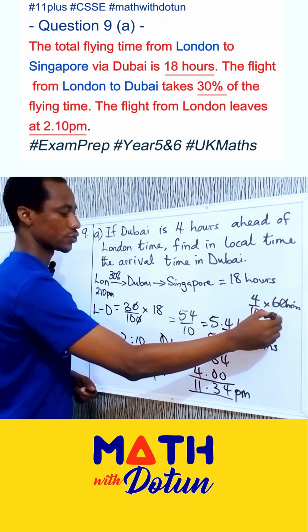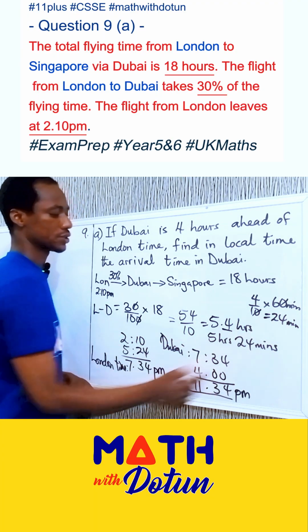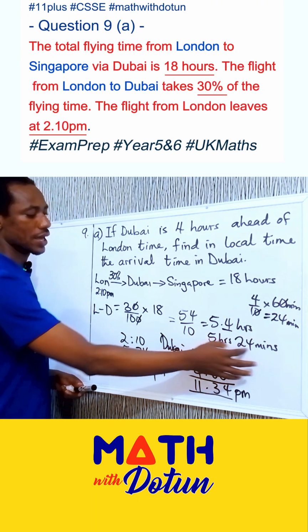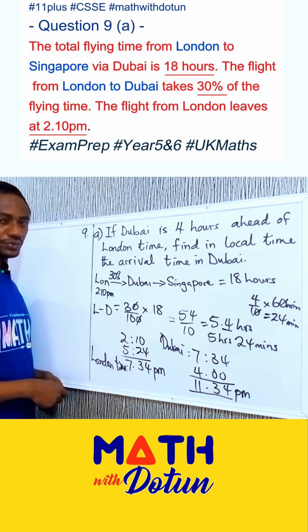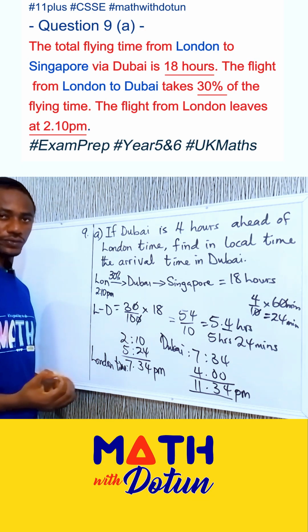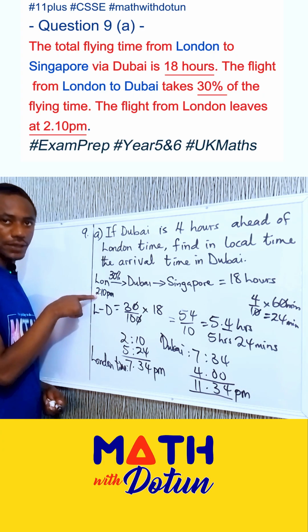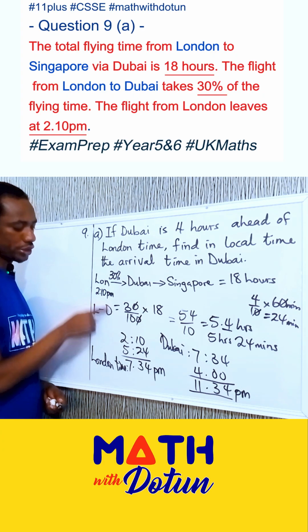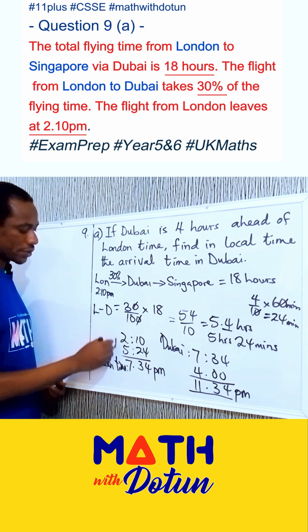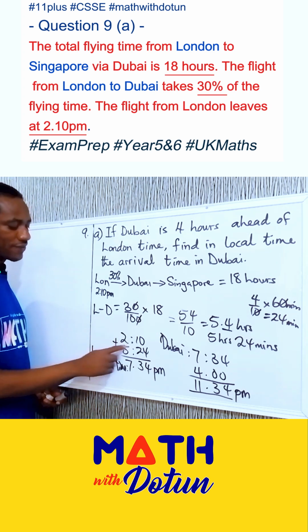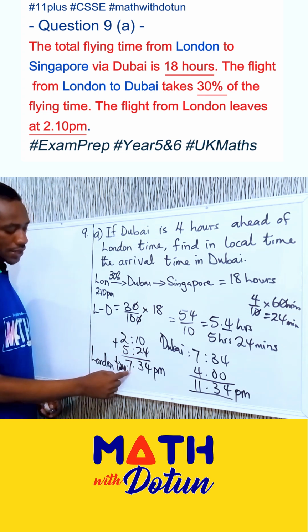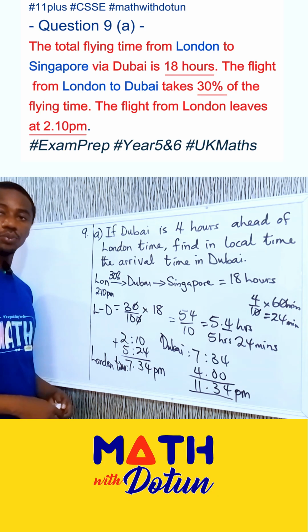So that's 5 hours and 24 minutes. Knowing that that is the duration of the flight, we added that to the departure time, 2:10 p.m., and that gave us 7:34 p.m.